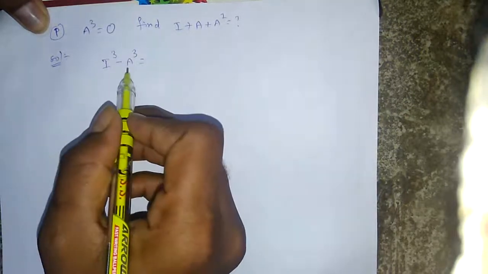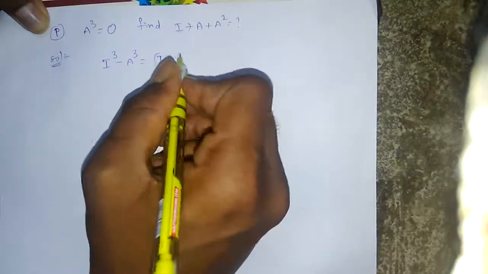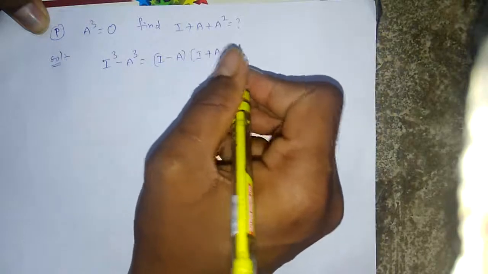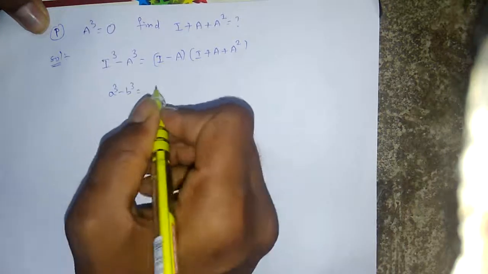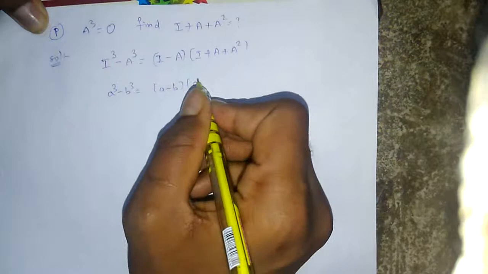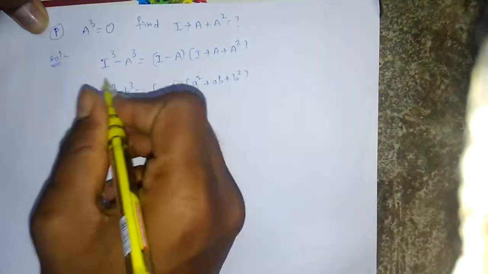So I cube minus A cube is in the form of a cube minus b cube. Its value is I minus A into I plus A plus A square. Same as in algebra, a cube minus b cube is equal to a minus b into a square plus ab plus b square.